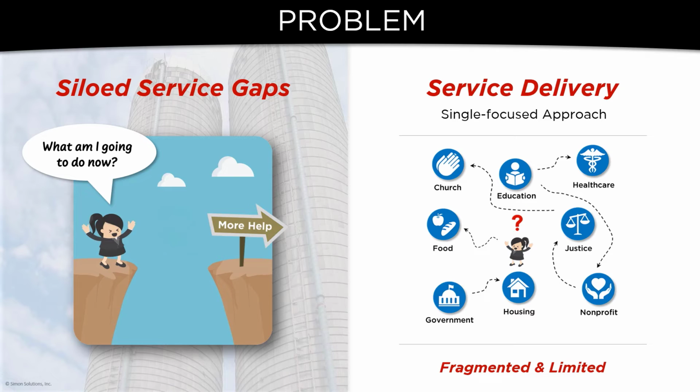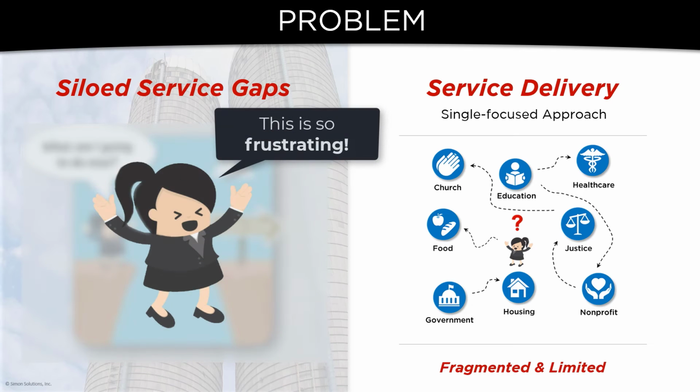People oftentimes must take off work or find a babysitter so that they can travel all over town seeking help from many different helping agencies. It can be frustrating when they realize that an agency's hours of operation have changed or they need an appointment. And it gets very discouraging when a helping agent, after a rigorous application process, informs a client that their agency has run out of resources for the month.